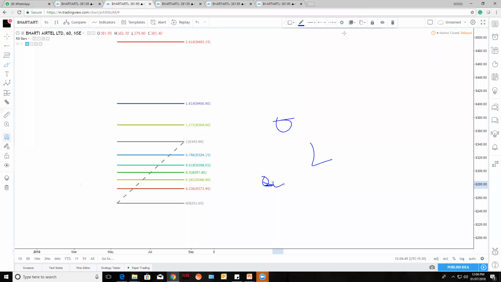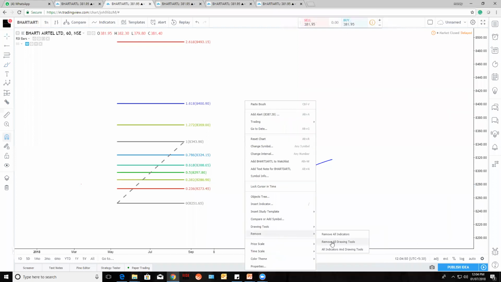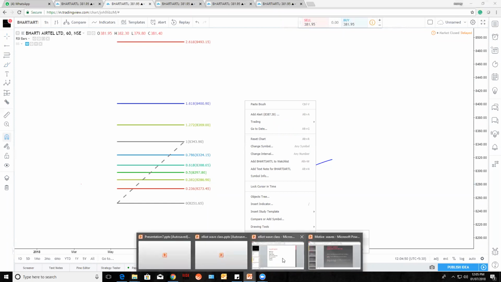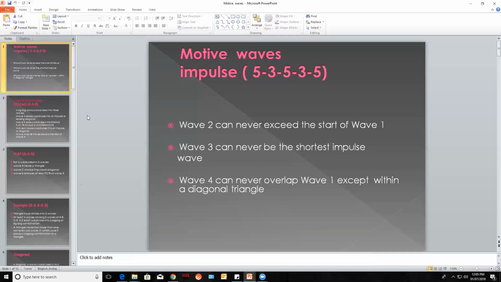Recording. Okay, let's see. Now we'll see how we need to compare this with Fibonacci. Or else we'll finish the corrective part and then we will go for Fibonacci and extension also. Okay, up to now if it is clear, then I'll go further. This is the rule for motive waves.